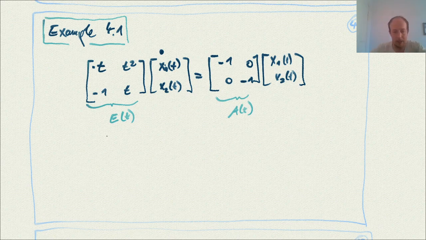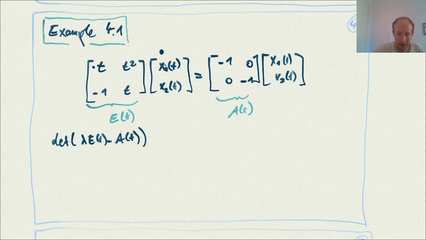And well, one can, of course, ask what is the determinant of λE(t) minus A(t)? Well, for 2 by 2 matrices there is a formula for the determinants. One can just calculate that.